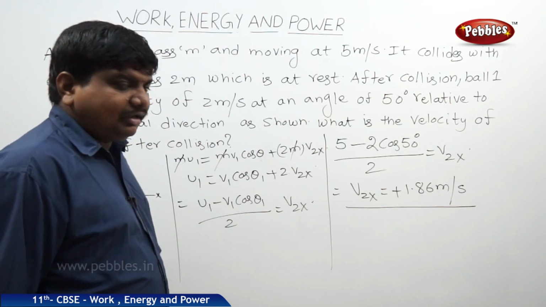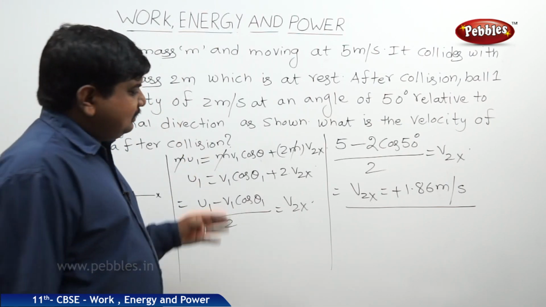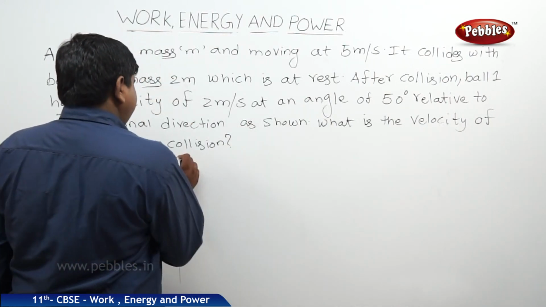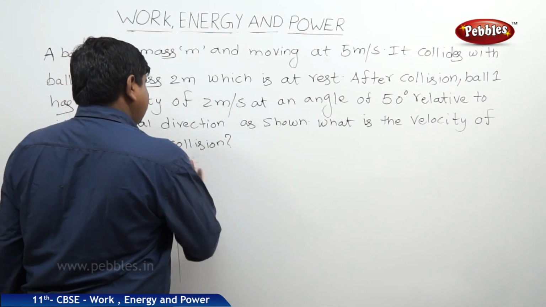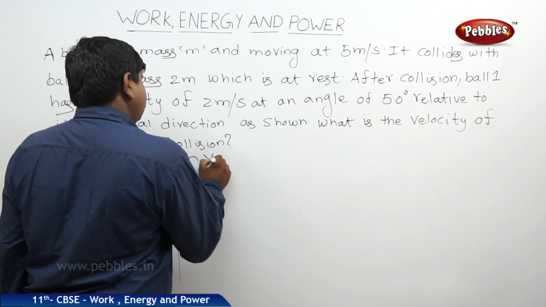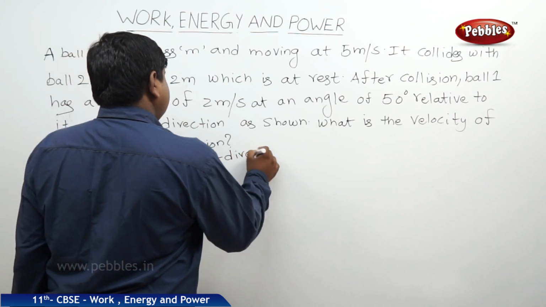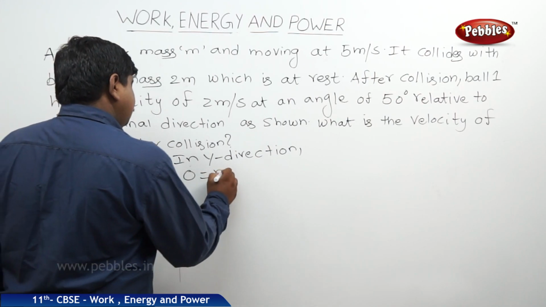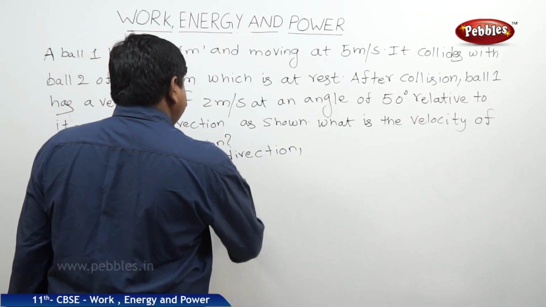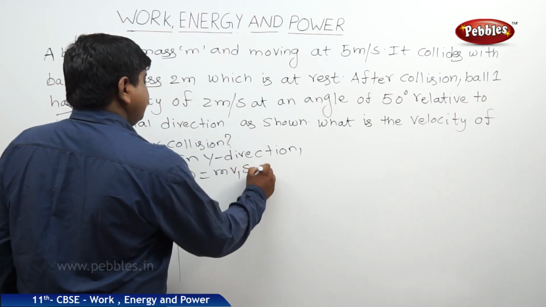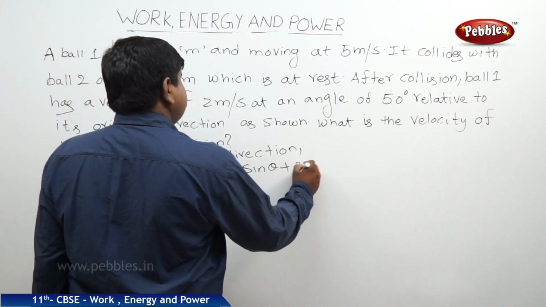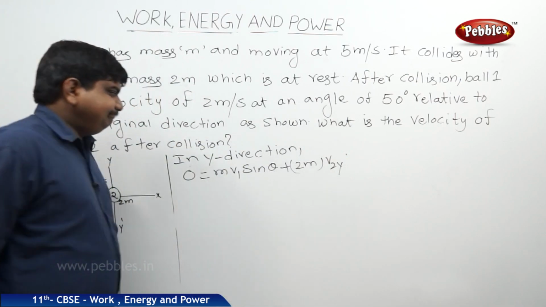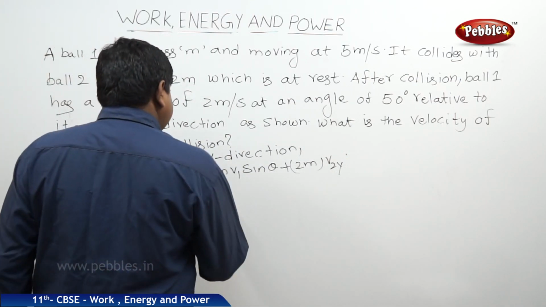Now, we will find out the velocity along y-axis. Then we will apply the vector method to find out the final velocity. So, in y direction, zero is equal to m v1 sin theta plus 2m v2y. So, m gets cancelled.